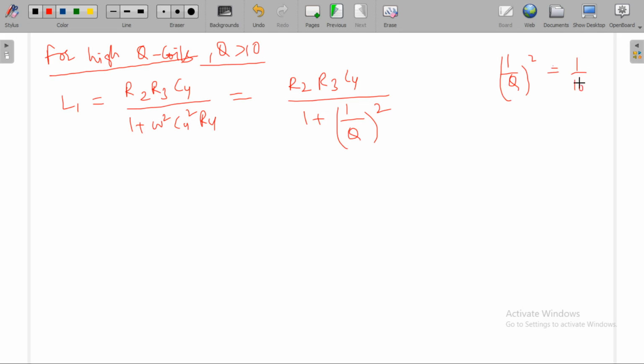It will be 1 by 10 square, that is 1 by 100. So this part will be 1 by 100. If Q is equal to 10, then 1 by Q square will be equal to 1 by 100. Means for Q greater than 10, 1 by Q square will be less than 1 by 100.